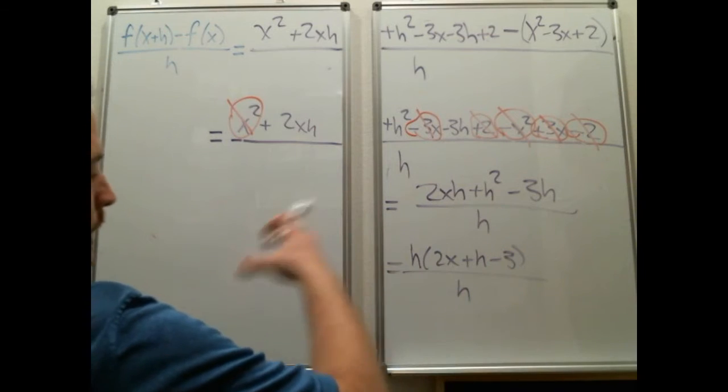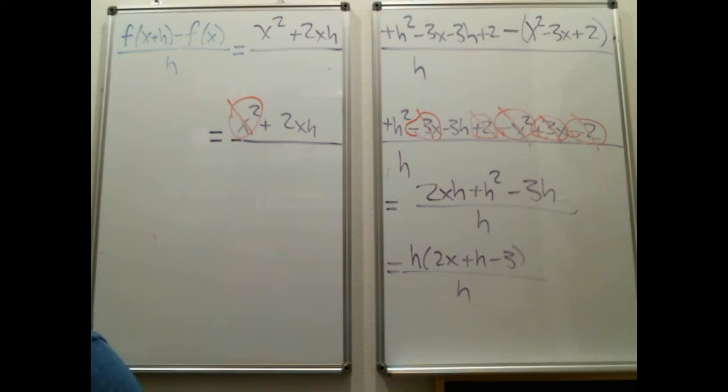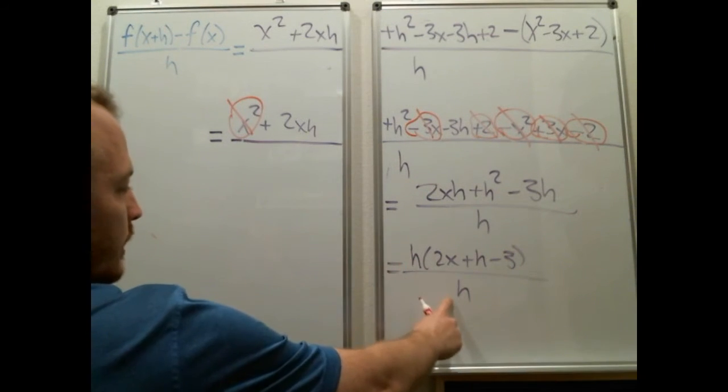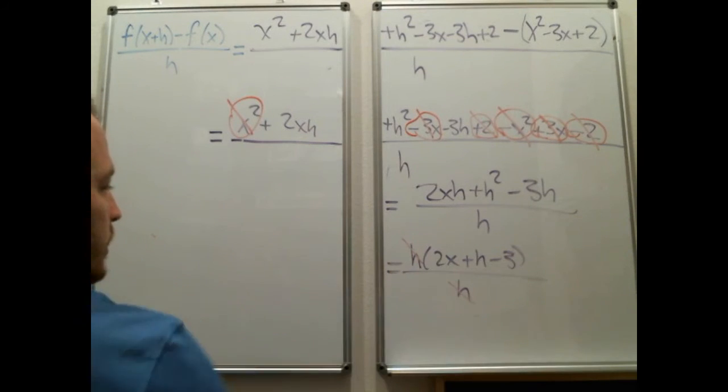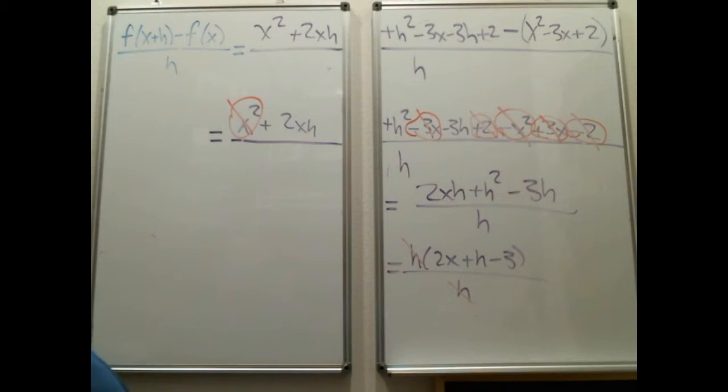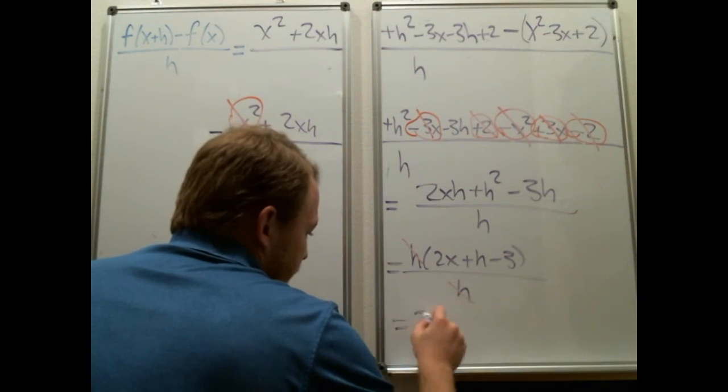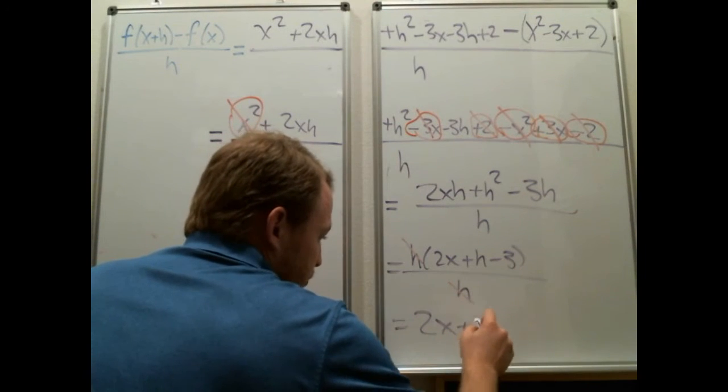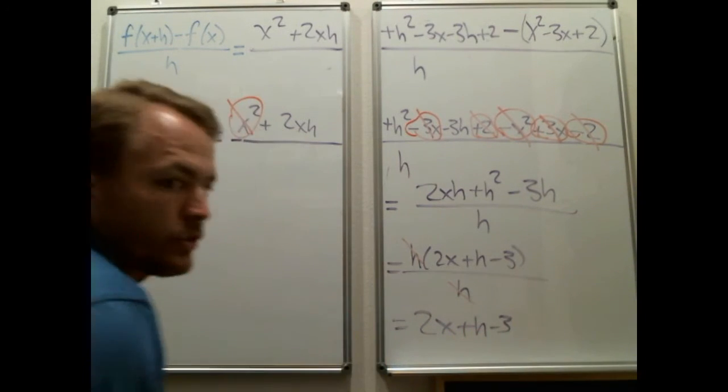You have to factor that h out of all those terms, and when you do that, you get h divided by h, which is just 1, so those cancel. So I highly encourage you to do that step where you factor out an h, because it's going to save you a headache down the road. So what's left, your answer is 2x plus h minus 3.